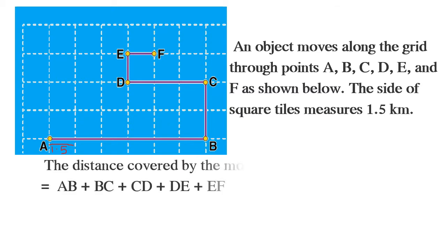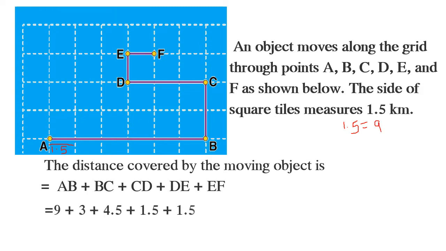Now see the distance covered by the moving object. What is the distance traveled? That is from A to B, that is AB plus BC plus CD plus DE plus EF. So let's count. It is 1.5, 1.5. How many? 1, 2, 3, 4, 5, 6. So 1.5 into 6, that is equal to 9.